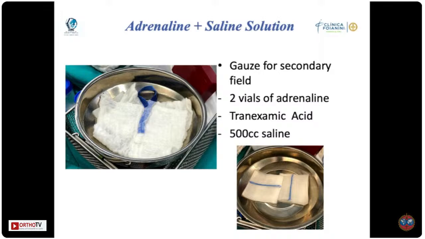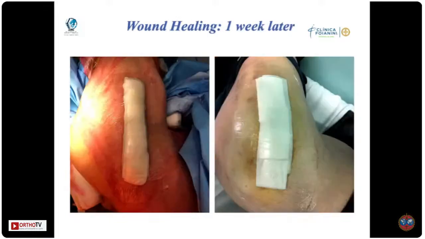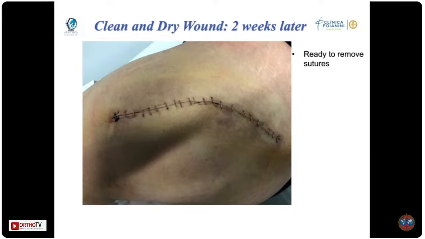Goes for secondary fields. Healing at 1 week, and a clean and dry wound 2 weeks later.